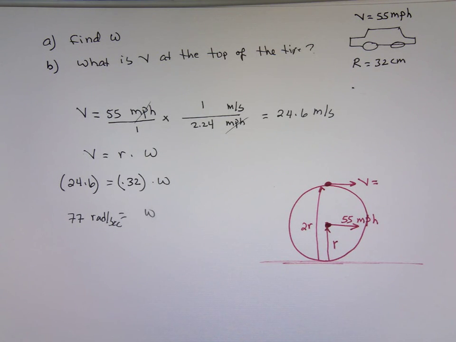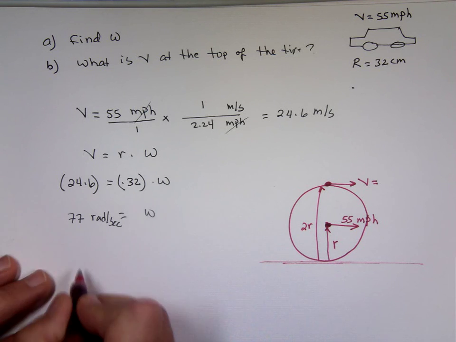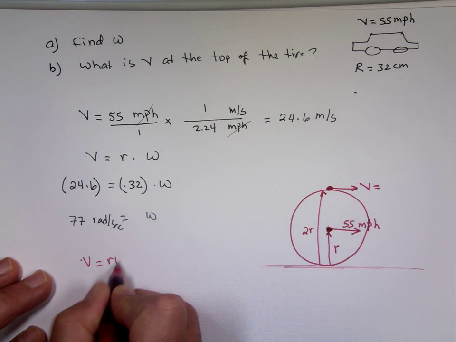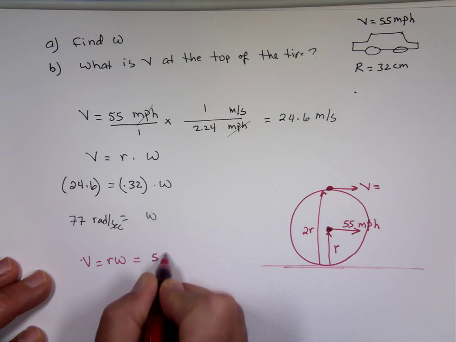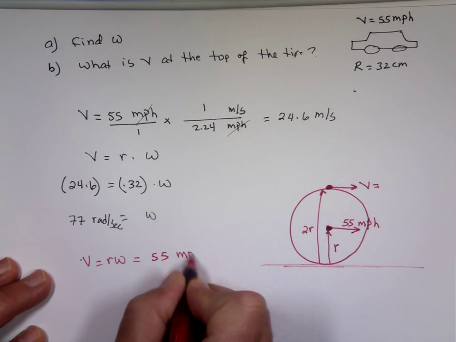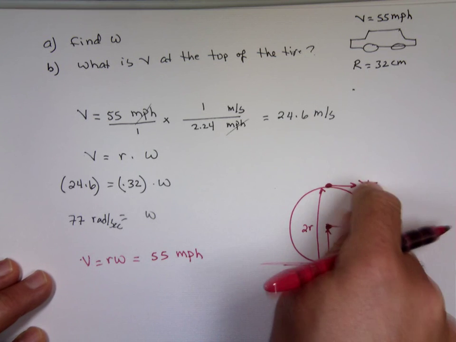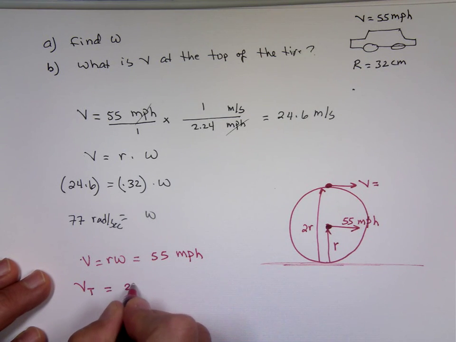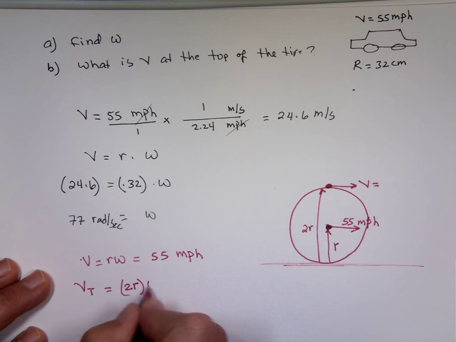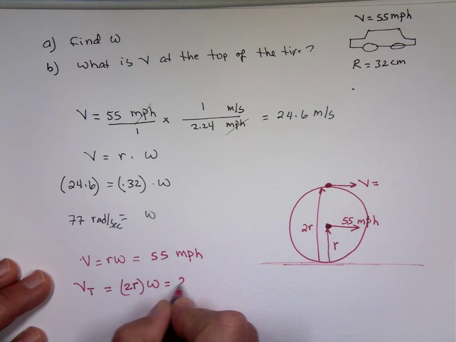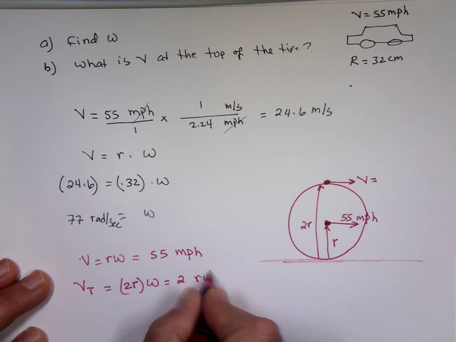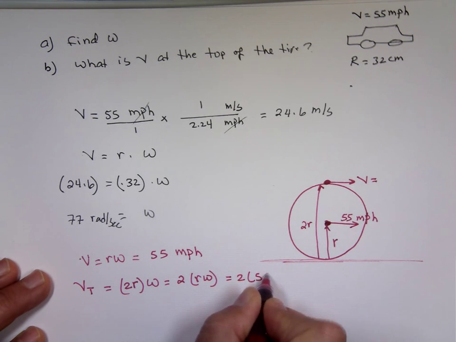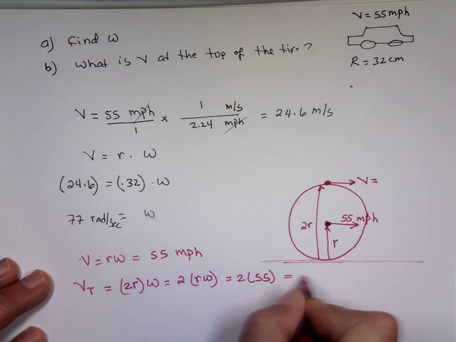So the velocity in the middle here is R times W, and that's the 55 miles per hour that you're seeing. But the velocity on the top is going to be the distance, which is 2R times W, which is 2 times RW, and RW happens to be 55. 2 times the 55, which is 110 miles per hour.